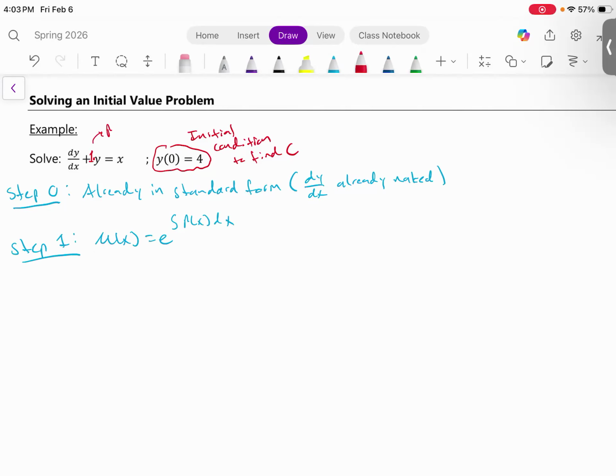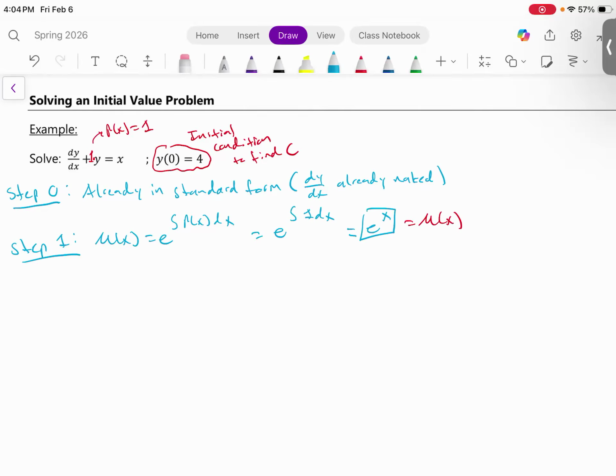So p of x is just going to be 1, pretty easy to work with. So it's just going to be the integral of 1 dx, which is just x, which is just e to the x. So this is my integrating factor mu.